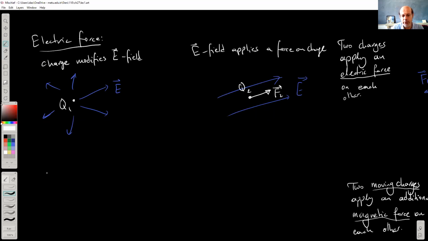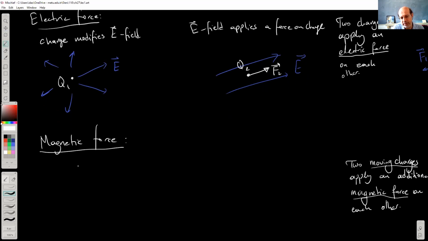So we are going to do the same thing for the magnetic force again. We are going to argue that there is a magnetic field, right? There is something called a magnetic field that fills the space. I'm going to use the green colors for that.